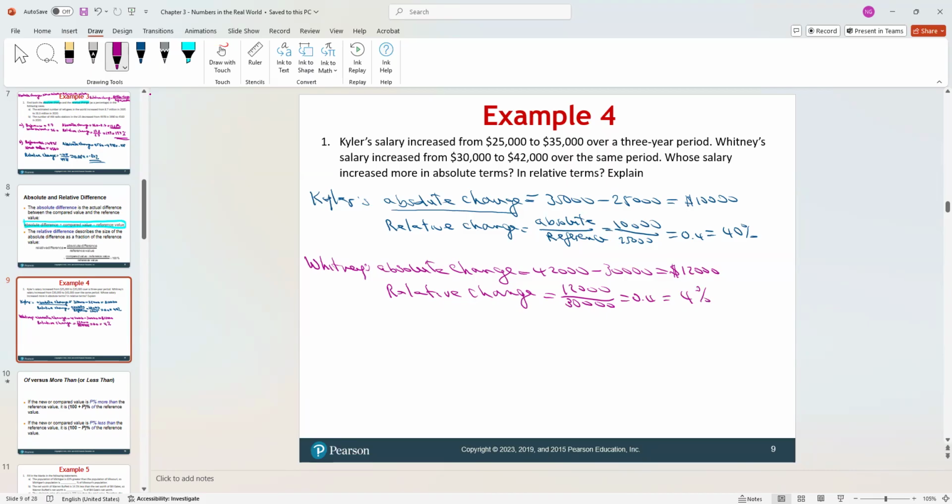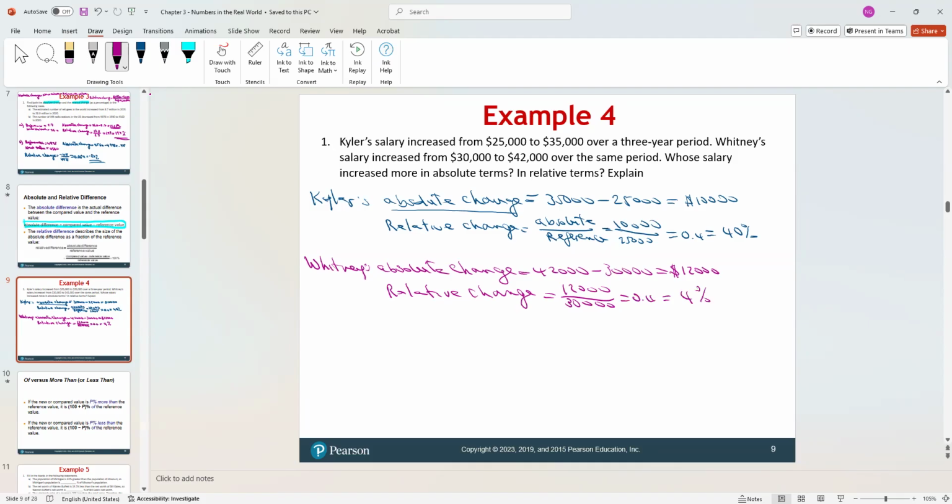So going from 25,000 to 35,000 is the same as going from 30,000 to 42,000, right? Because in terms of relative changes. But now we know that Whitney's salary grows more in absolute terms, but the relative change was the same.